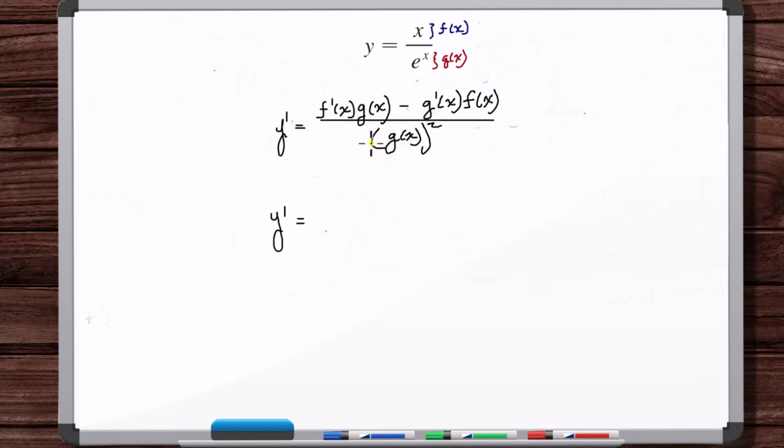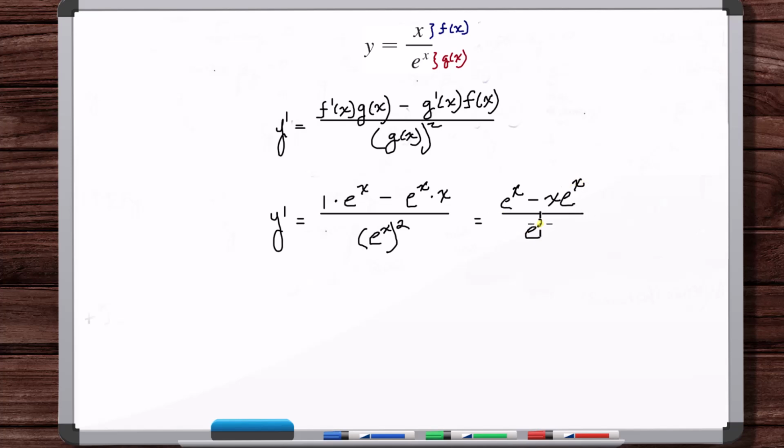So what is f prime of x? The derivative with respect to x of just x is 1, times the bottom g of x, minus the derivative of the bottom. What is the derivative with respect to x of e to the x? It's just e to the x, times the top, all over the bottom squared. So this is e to the x minus x e to the x, all over e to the 2x.